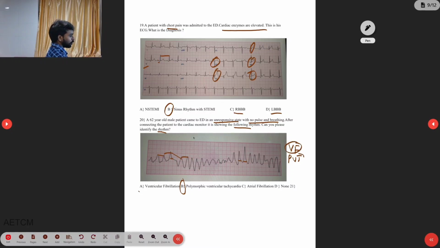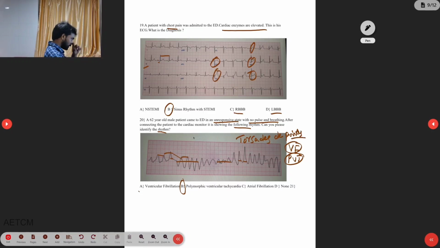Why is it polymorphic ventricular tachycardia? If you see these QRS complexes, they are twisting around the axis, twisting over the point. So we can call it polymorphic ventricular tachycardia or torsades de pointes.